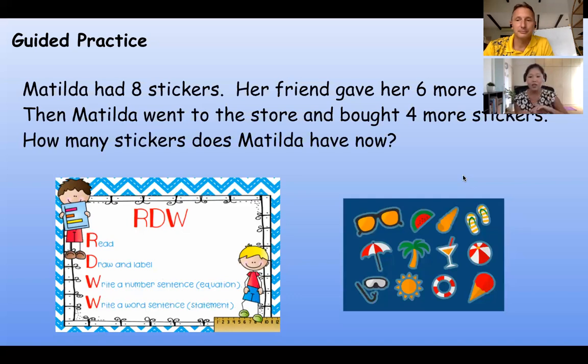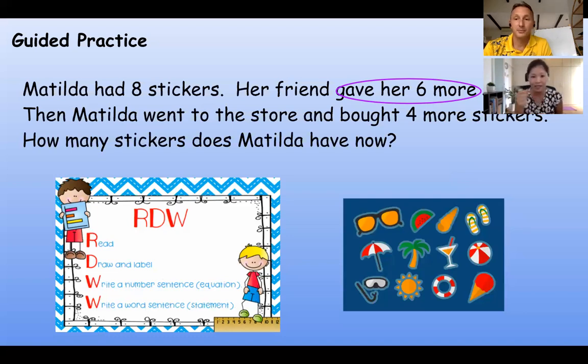All right, so I'm going to reread it, and I'm going to pay attention to some important words, right? Okay, here we go. Matilda had 8 stickers. Her friend gave her 6 more stickers. Thank you, Mr. Regan. That word, gave her 6 more stickers, is very important. So Matilda already had 8 and she got 6 more. So I think the first part is going to be addition.